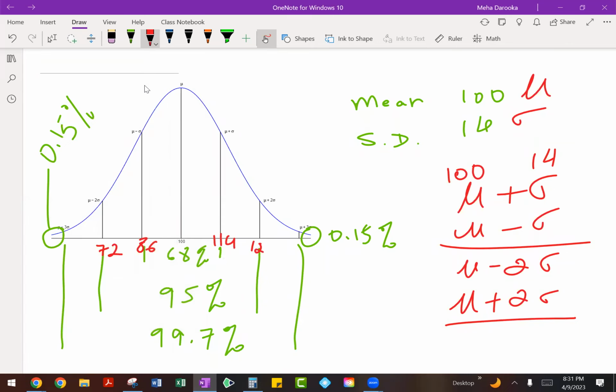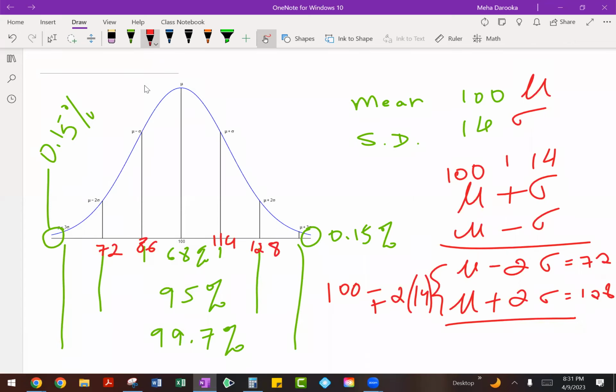So 128 will go over here. Remember, for this one, we did 100 plus or minus 2 times 14 to get the 72 and 128. This one gave us 72, and this one gave us 128.